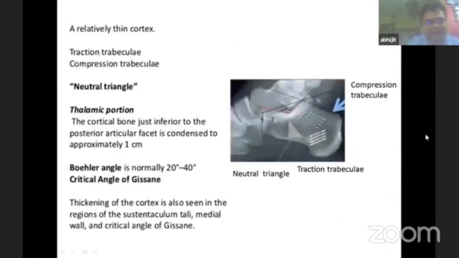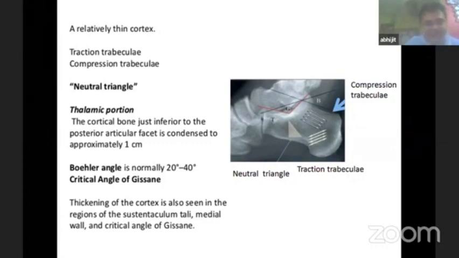There is another X-ray picture where we can see the traction trabeculae and compression trabeculae. This is the basic thing which we need to know to treat a calcaneum fracture. Also there is a neutral triangle, which is very essential to assess the pattern or whether there is any fracture in the calcaneus.